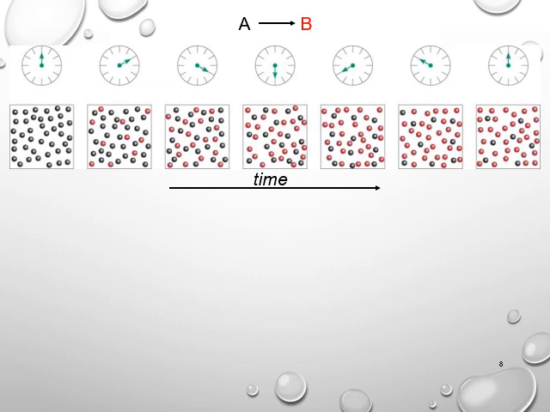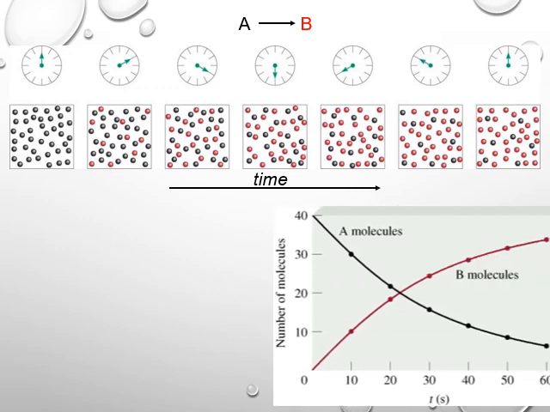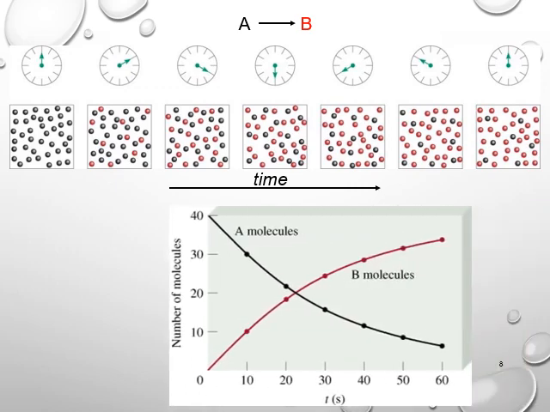The decrease in the number of A molecules and the increase in the number of B molecules with time are shown in this figure. In general, it is more convenient to express the reaction rate in terms of the change in the concentration with time.